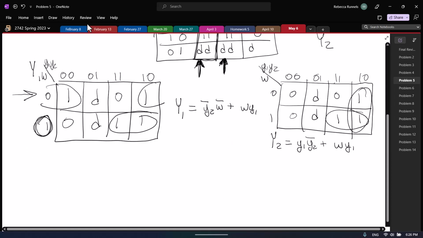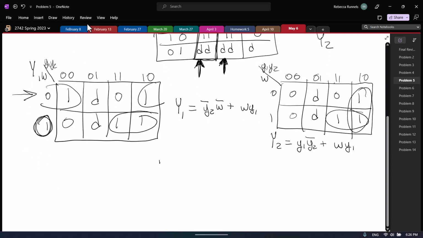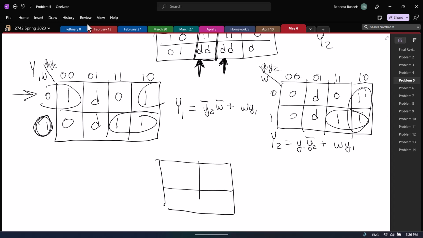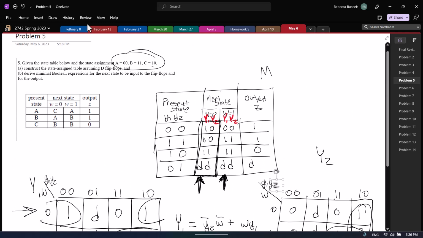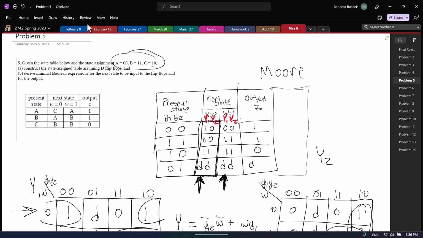And then lastly, our output. And our output, notice this is a Moore machine, and I know it's a Moore machine because my output does not depend on my input. If my output depended on my input, I would have two columns here. I would have a w equals 0 column and a w equals 1 column, but I don't.